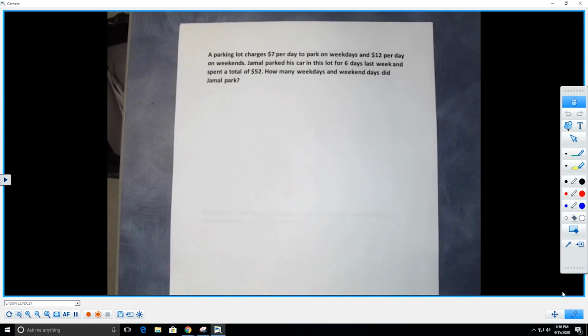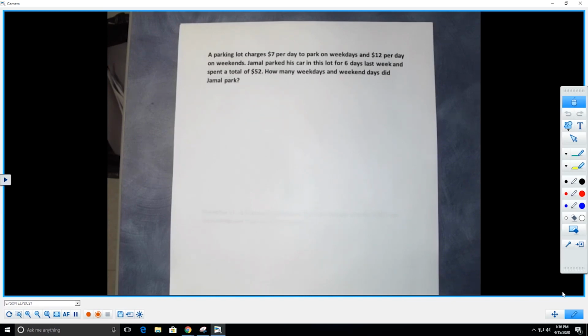A parking lot charges $7 per day to park on weekdays and $12 per day on weekends. Jamal parked his car in this lot for 6 days last week and spent a total of $52. How many weekend days did Jamal park?